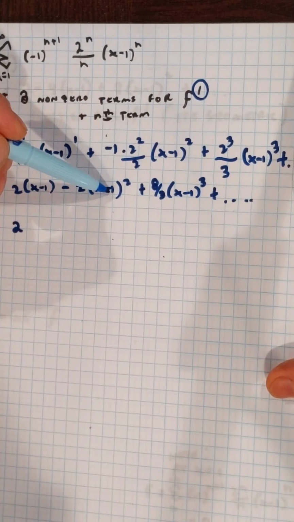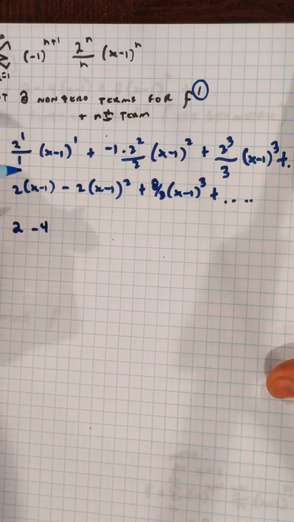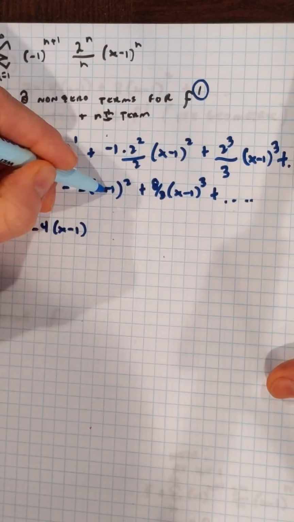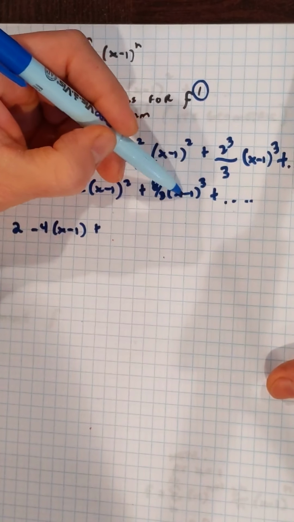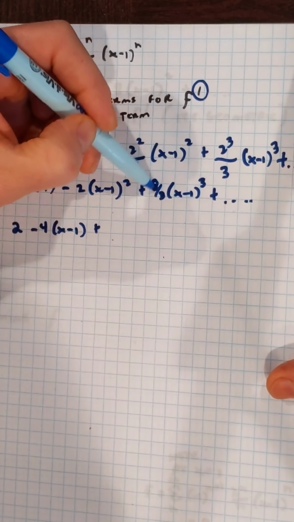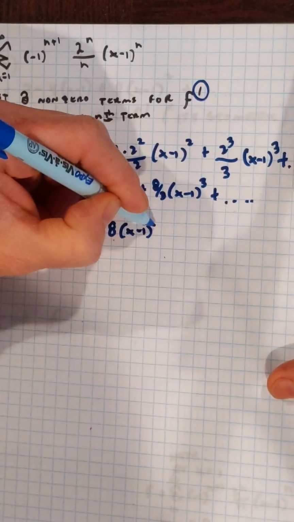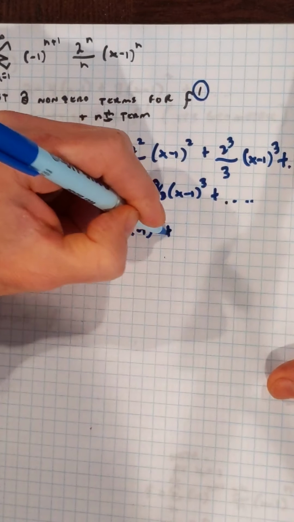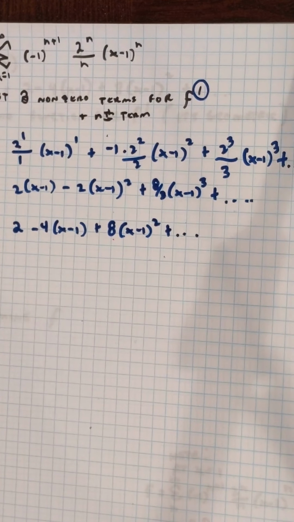Take the derivative of this, treat it as u squared, so put the 2 out in front, so it's -4 times (x minus 1) times the derivative of the inside, 1, plus, think of this as u to the third, bring the 3 out in front, leaves you just 8 (x minus 1) to the second times 1 plus dot dot dot. Okay, so there is your derivative, the series for the derivative.